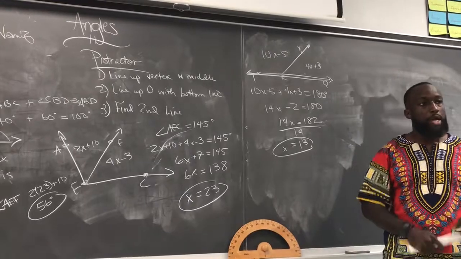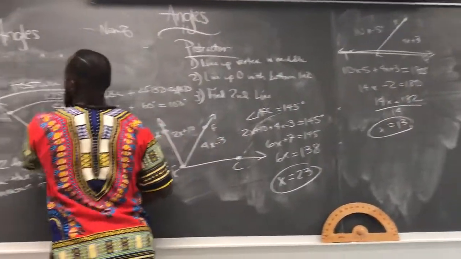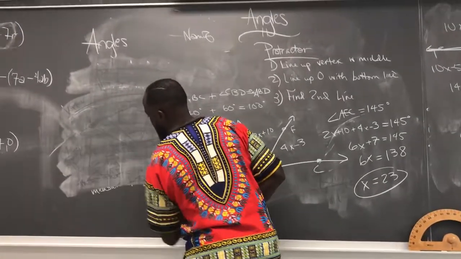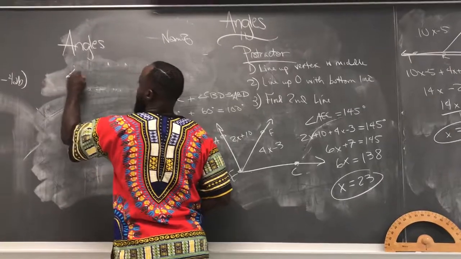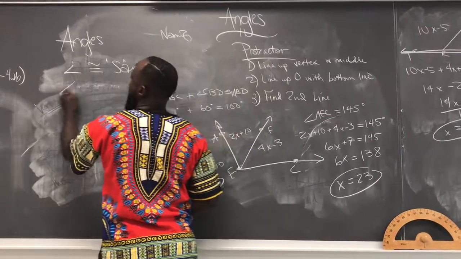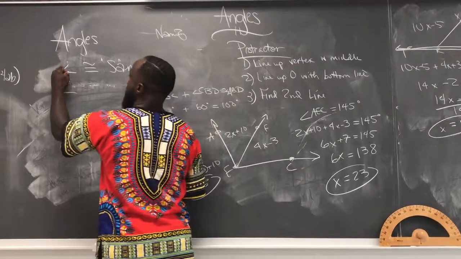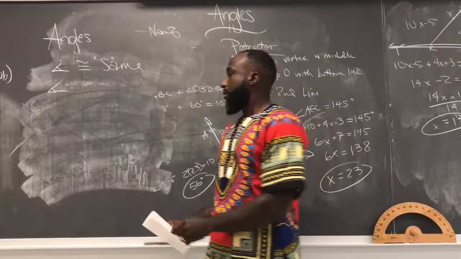Okay? One last point, and then I'll let you go. When anything is the same, they're congruent. Congruent means the same. With angles, these marks mean congruent.